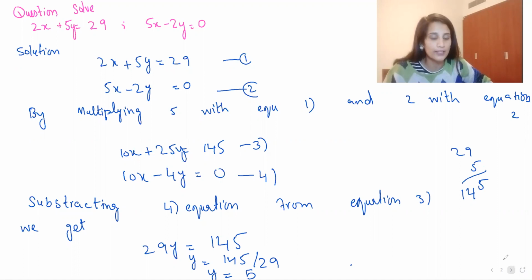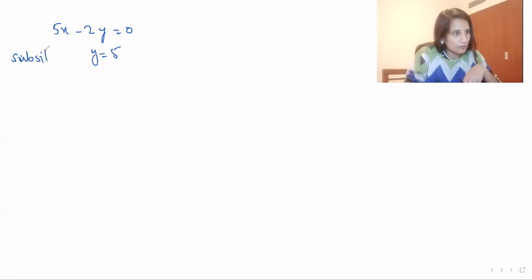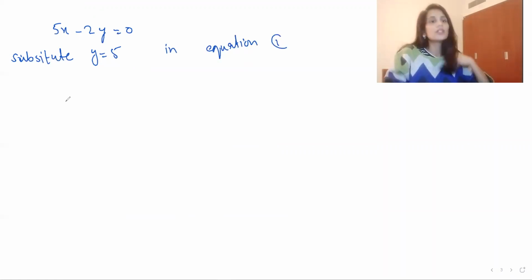Now we have to find the solution for x by putting the value of y in either equation 1 or 2. I'm going to put its value in equation number 2, that is 5x minus 2y is equal to 0. As we got y is equal to 5, we substitute it.